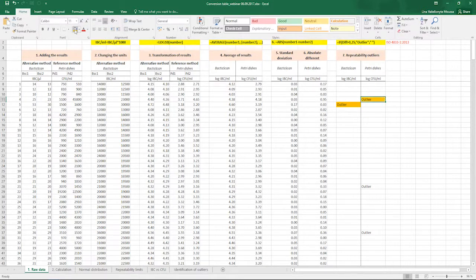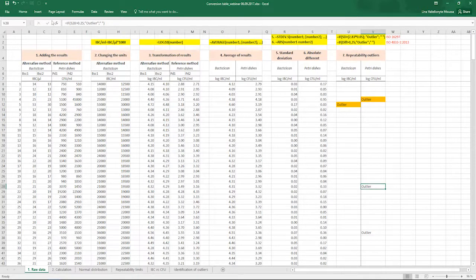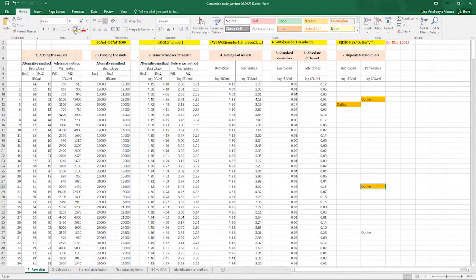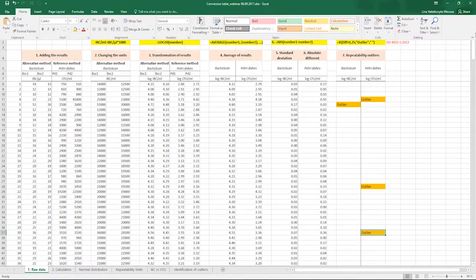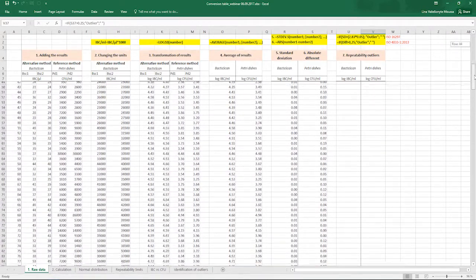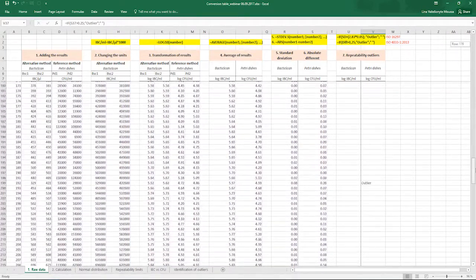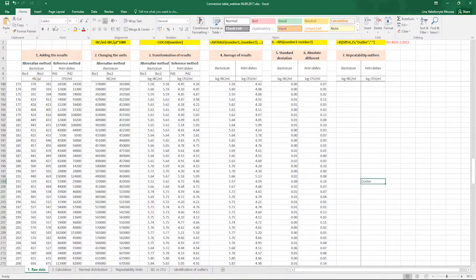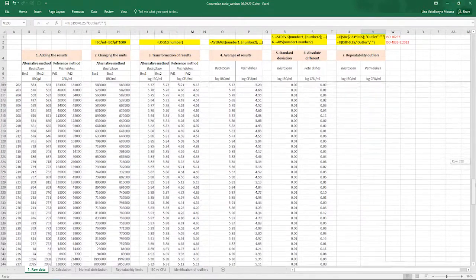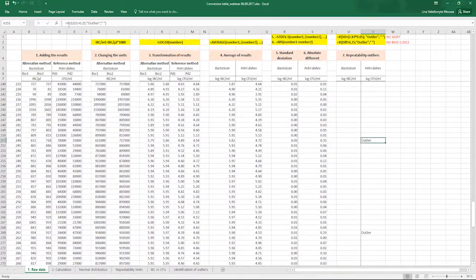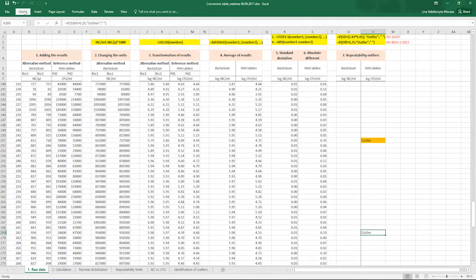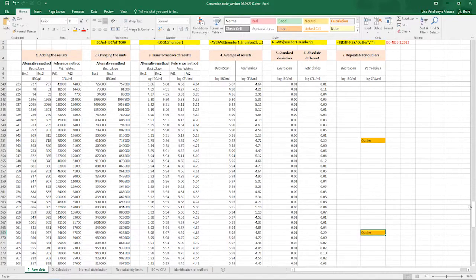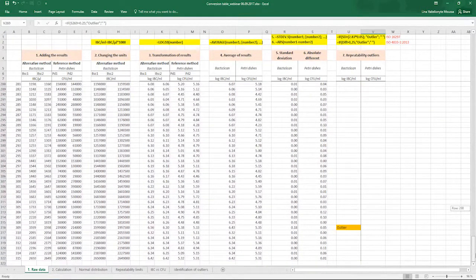And we have to mark all of them. So now all outliers are highlighted.